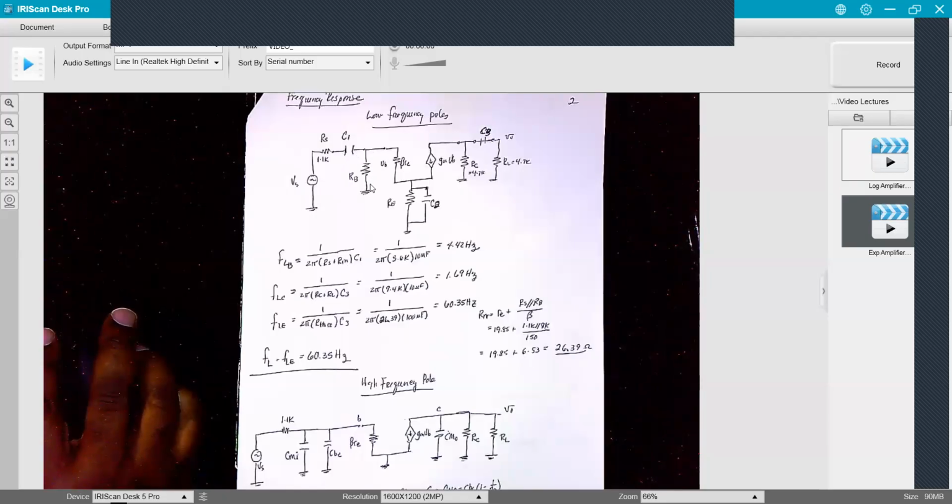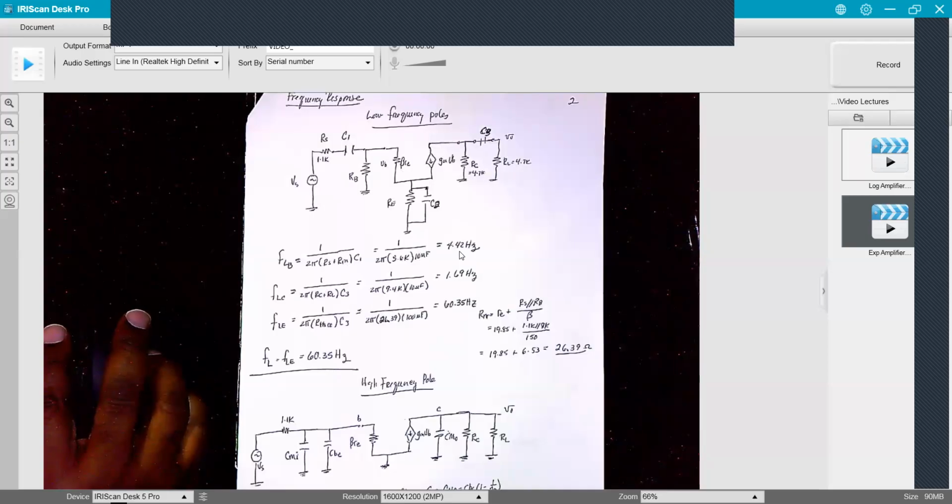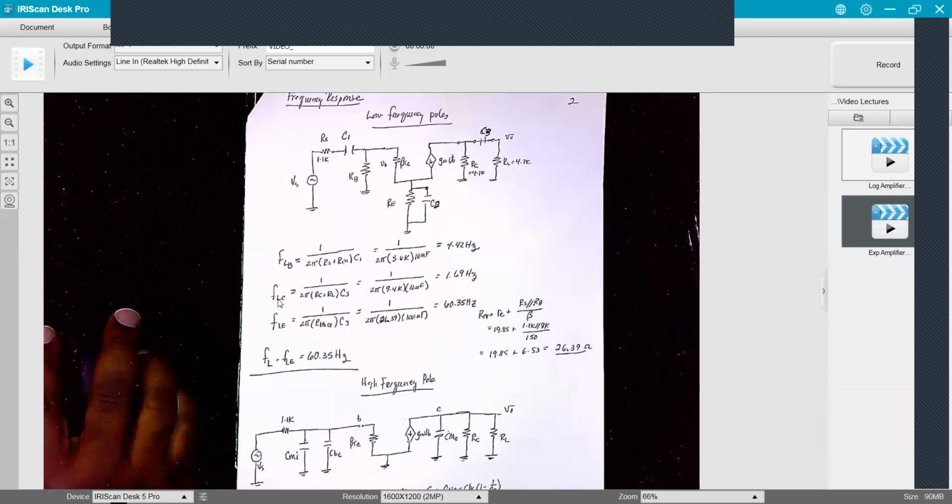So RN is this in parallel with this, which is 3.6K. And this is 10 microfarads, which gives me a pole frequency of 4.4 hertz. And then we look at our low frequency pole due to the capacitor at the collector.